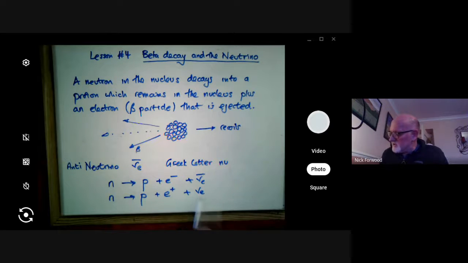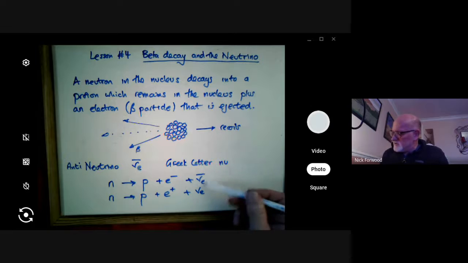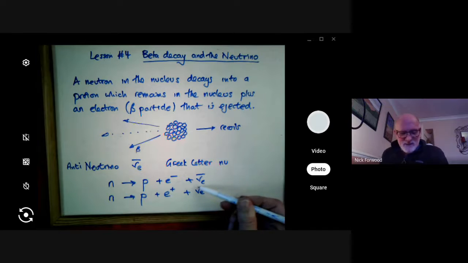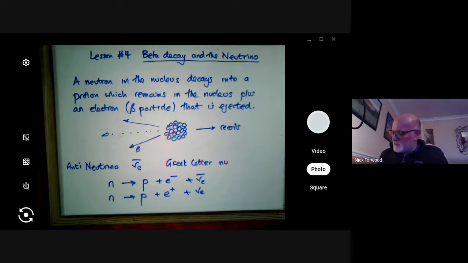So the one before is an anti-neutrino because it's antimatter, whereas this neutrino is a matter particle. The SQA would like you to know the first one, but don't really need you to know this one. But I just thought I'd throw that in because it involves some nice symmetry.